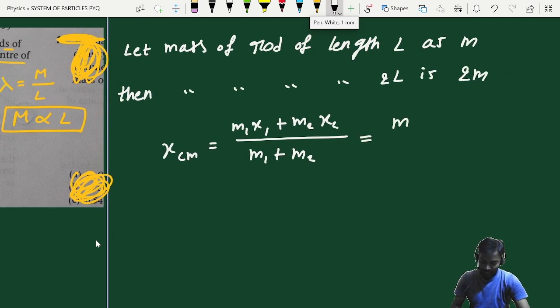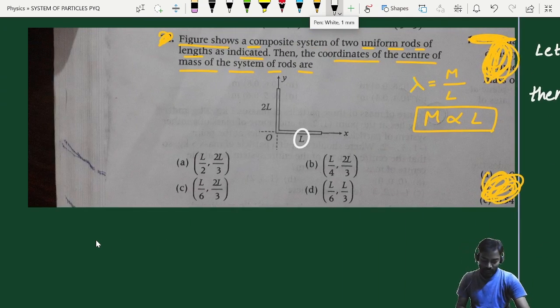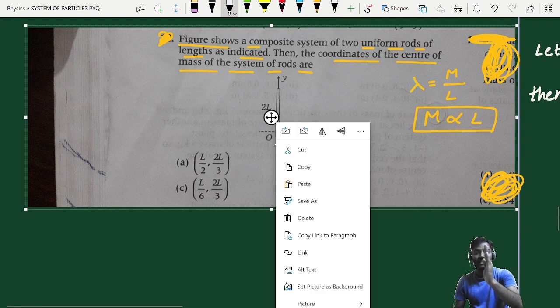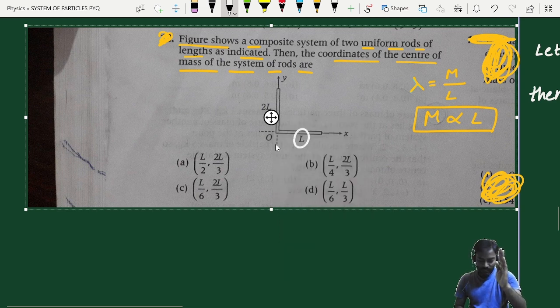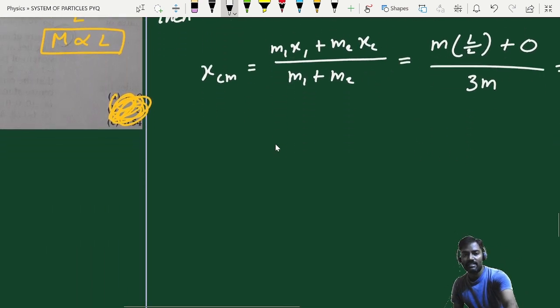So m1 is m, x1 is L by 2, plus the position of center of mass of the second body along the x-axis is 0, so it is placed vertically at the origin. So the x coordinate will be 0, divided by total mass m plus 2m, 3m. So m cancels. You will be getting the x coordinate of center of mass as L by 6.